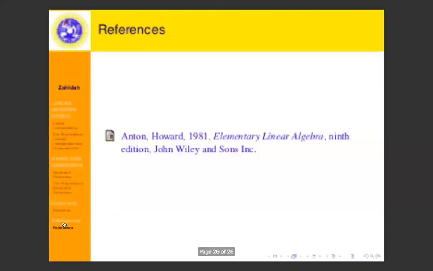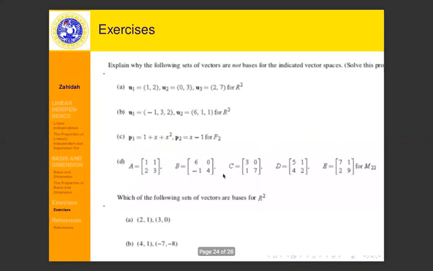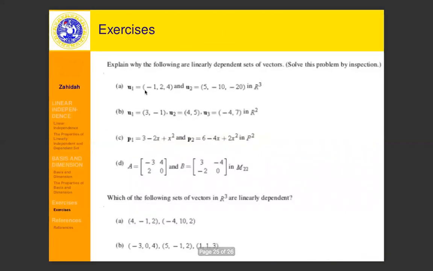If you take a look at these vectors, you can write U2 equals to... can you find the relation between U1 and U2?